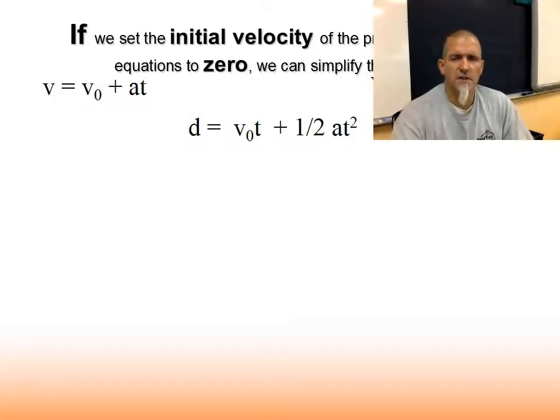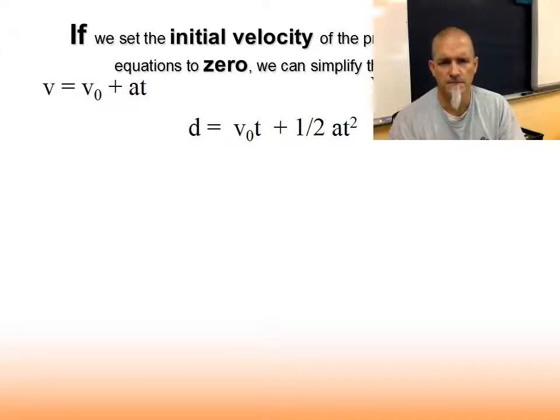If we set the initial velocity of our situation to be 0, and look at the first three equations. In other words, if v0 is 0 in our first three equations. Here's equation 1, v equals v0 plus at. Here's equation 2, d equals v0 t plus 1/2 at squared. And here's the third one, v squared minus v0 squared equals 2ad. If the initial velocity is 0, so if this term is 0, and if this term is 0, and if this term is 0, then that really changes things.